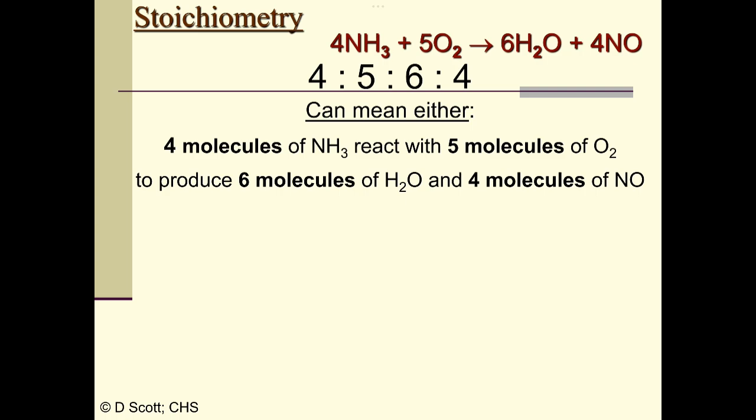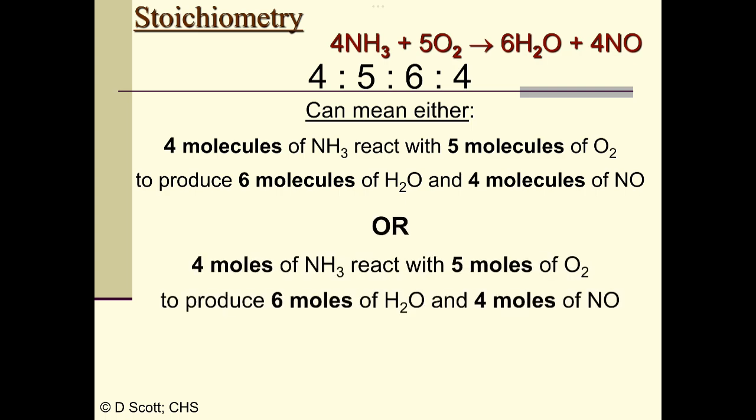To simplify this, we can say that 4 moles of NH3 react with 5 moles of O2 to produce 6 moles of water and 4 moles of nitrogen oxide.